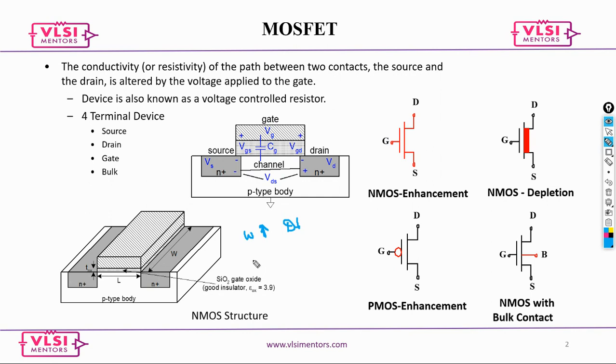And when your L decreases, your delay decreases. So the delay is directly proportional to your L, whereas in case of W, the delay is inversely proportional to your W.